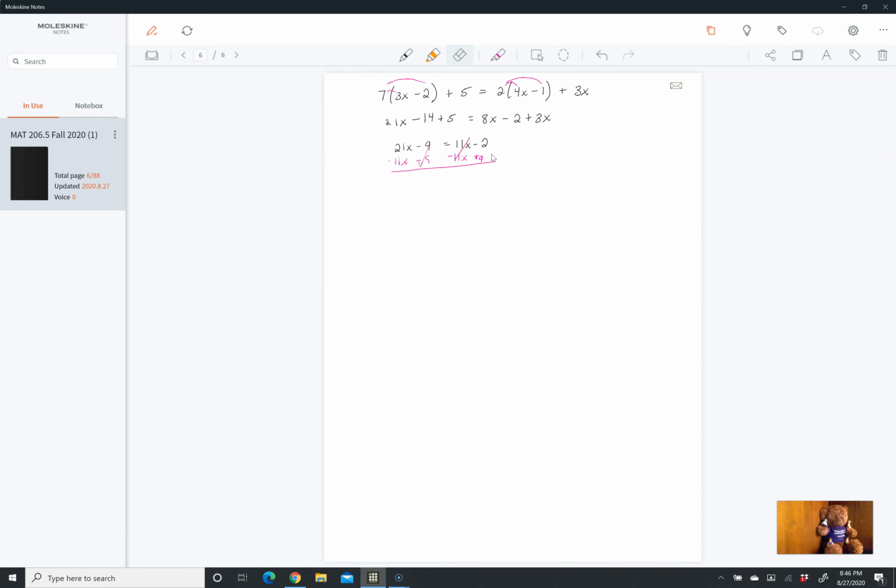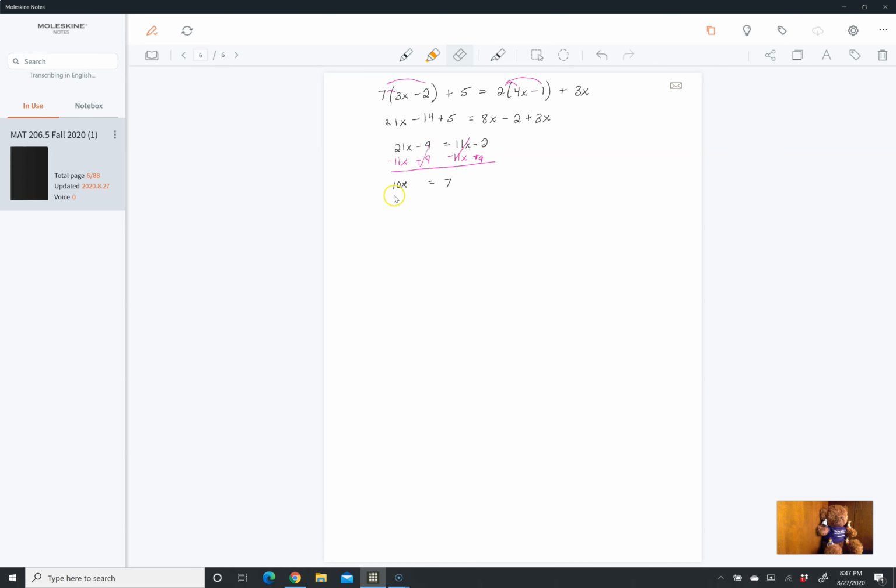I'm sorry. This is a plus, and then over here, this is also 9. Okay, so 21x minus 11x gives us 10x. And then on the other side, we have negative 2 plus 9, which gives us a positive 7.